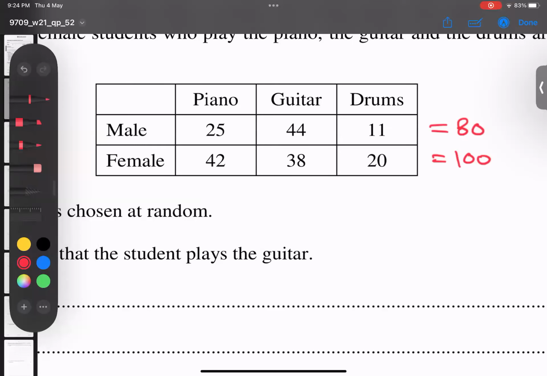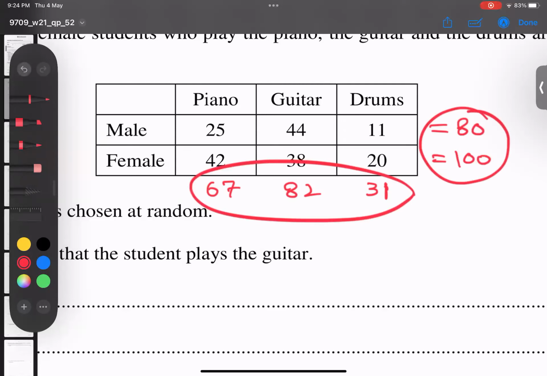For piano, I added this and got 67. Here, 44 plus 38 is 82, and 25 plus 42 gives 67. Yes, if you add them, they come to 180.